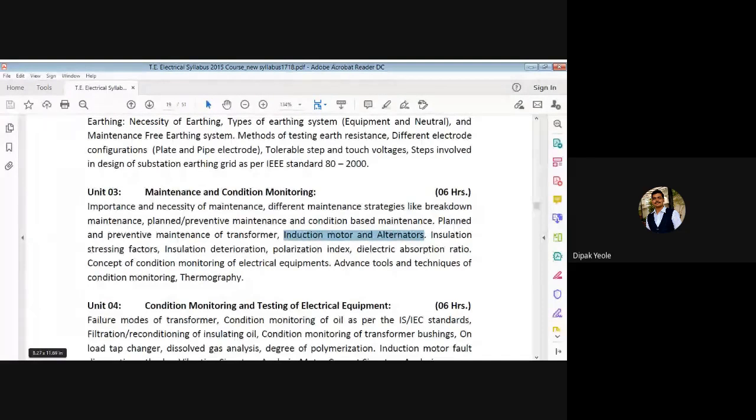Whenever we consider rotating parts, there can be a gear mechanism, or an arrangement of stator and rotor. Whenever we have a rotating arrangement, obviously there is a need of maintenance.